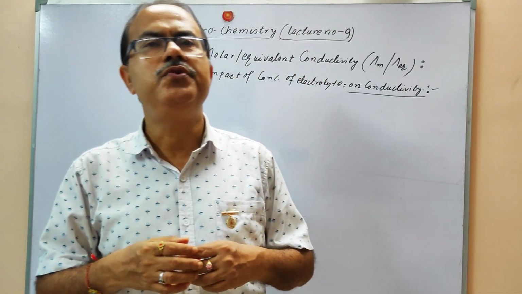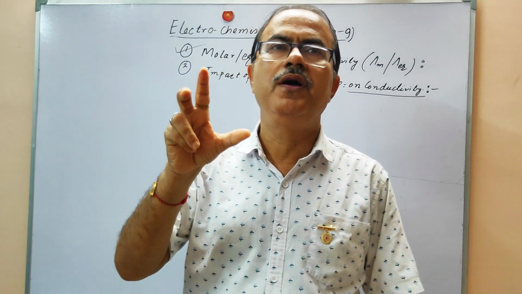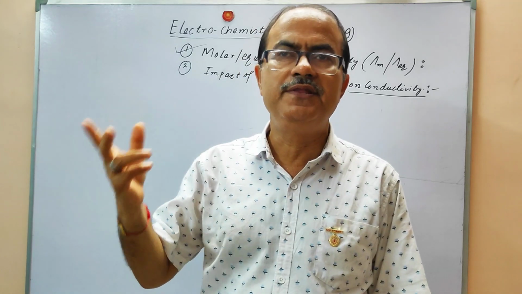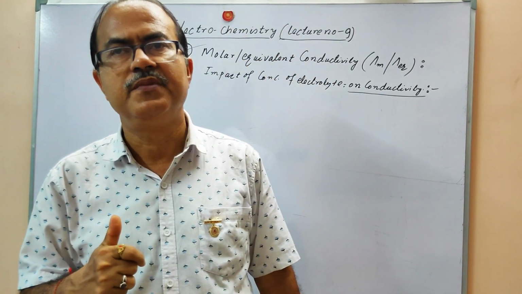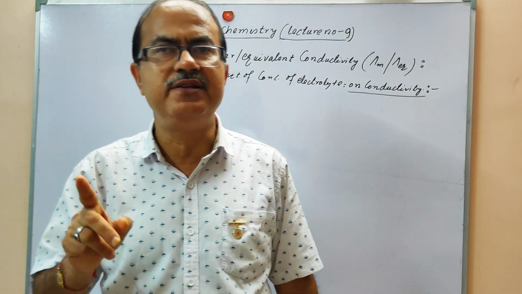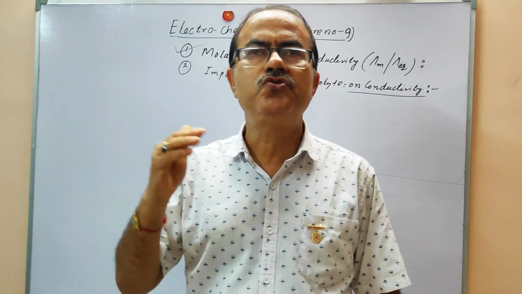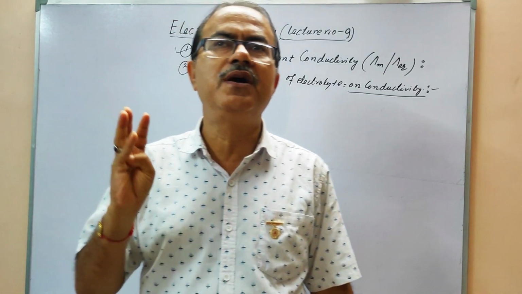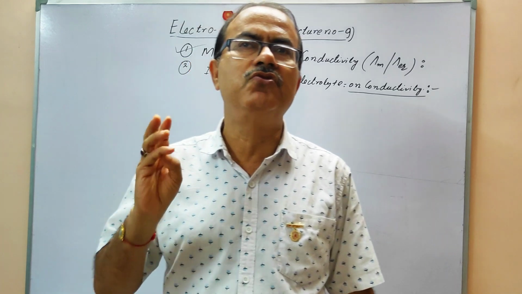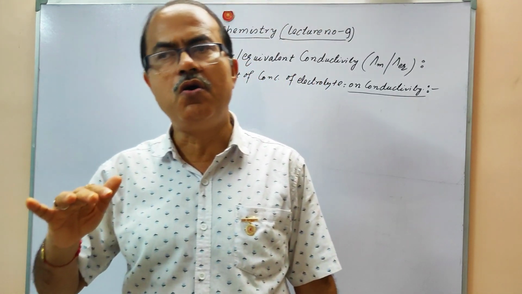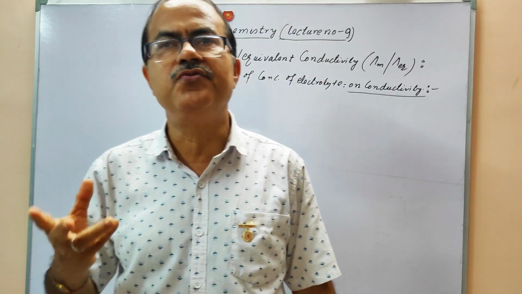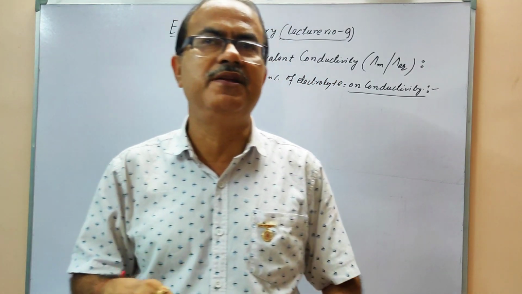Basically, when different electrolytes are dissolved in the same solvent, the conductivities of these electrolytes differ because of, number one, the charge of the ions, number two, the size of the ions, and number three, the concentration, that is, the ease of flowing of these ions in a given potential difference.